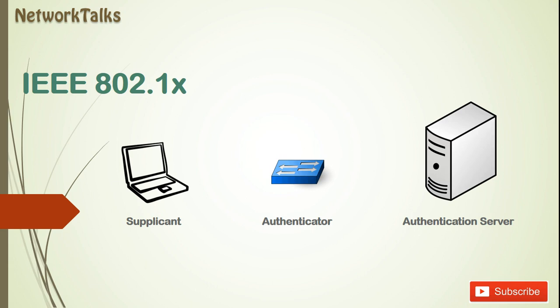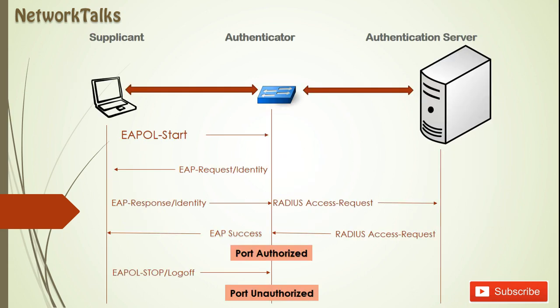Now, how does it work? The supplicant initiates the authentication process. It sends the EAPOL frame, that is Extensible Authentication Protocol over LAN frame, to the authenticator, that is the switch. The authenticator initiates the communication when the link state changes from down to up.